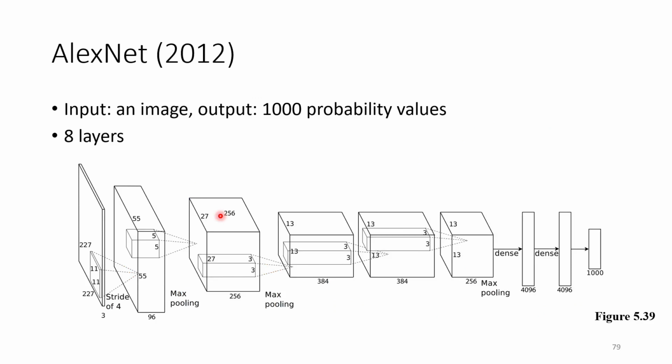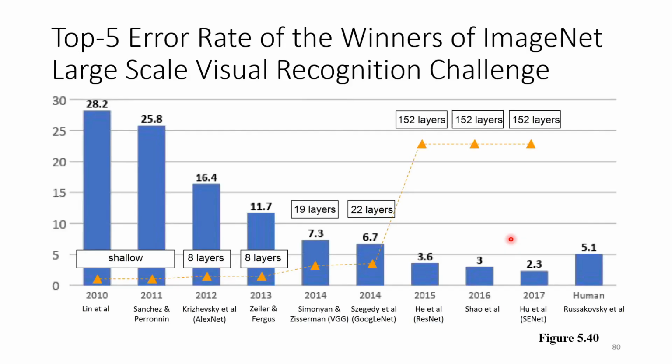The structure of AlexNet is almost the same as LeNet. Even though there are 3 more layers, what does it use? Convolution, max pooling, and finally 3 fully connected layers. So in terms of architecture, it is almost the same as LeNet.